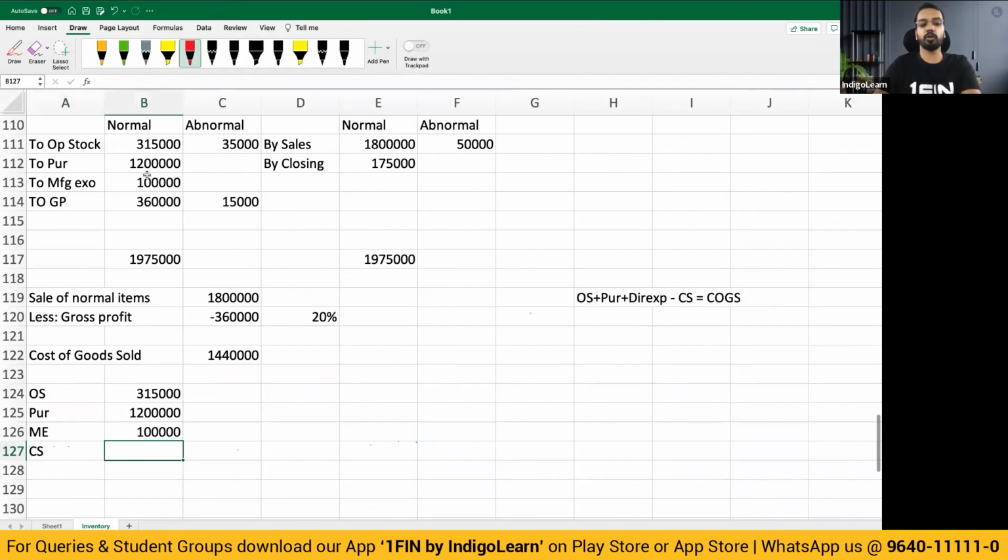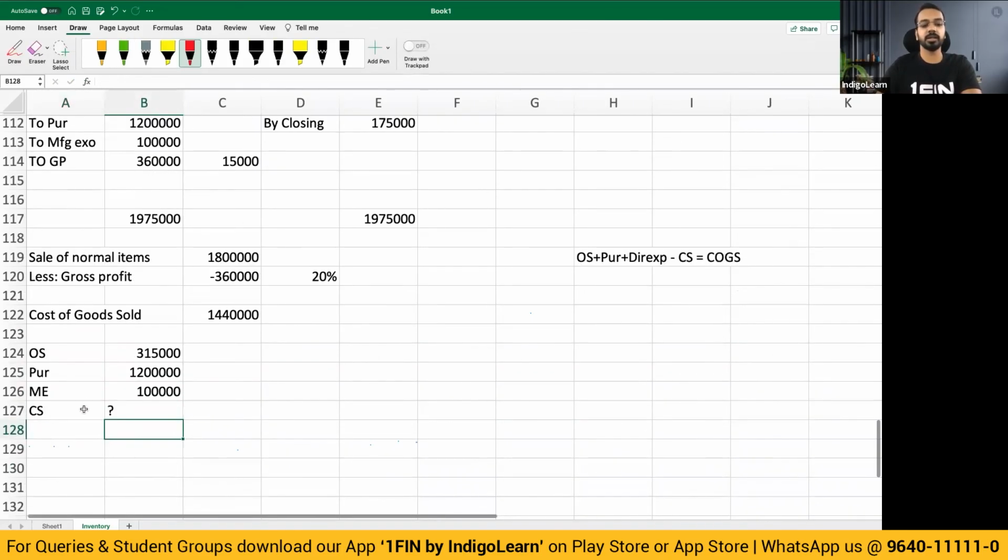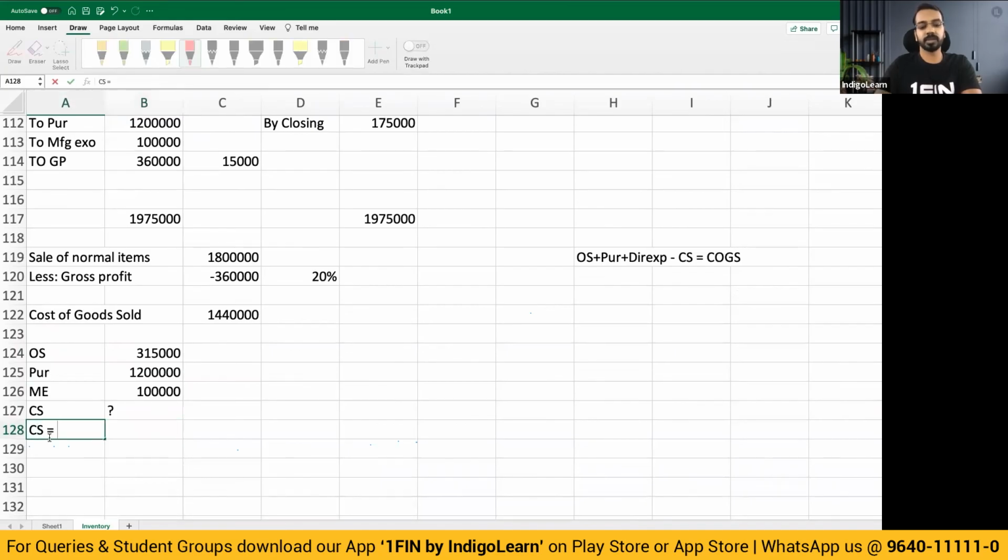Closing stock is how much? So using this formula, closing stock is COGS minus opening stock plus purchases plus manufacturing expenses. I'll do it this way, sorry.